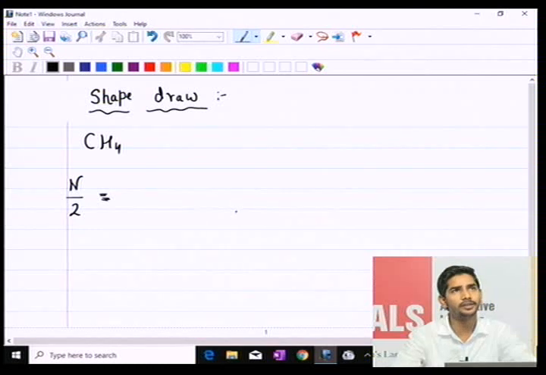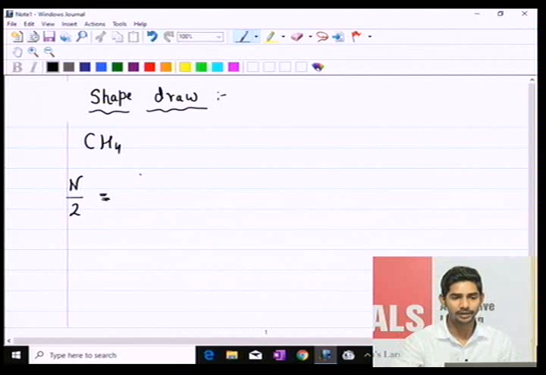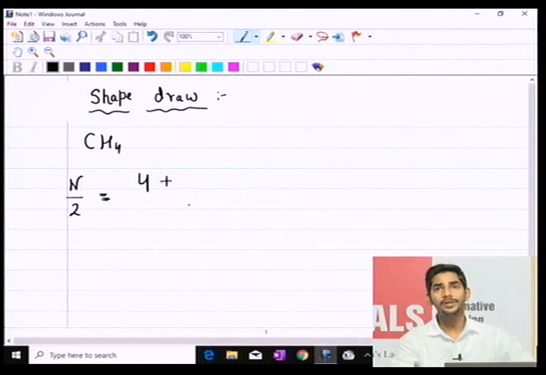No need to copy anything, just look at the screen. Central atom in CH4. Yes, definitely carbon is the central atom. So first of all, we have to write the number of valence electrons of the central atom. We know that carbon contains 4 valence electrons, plus how many other atoms are there other than the central atom?